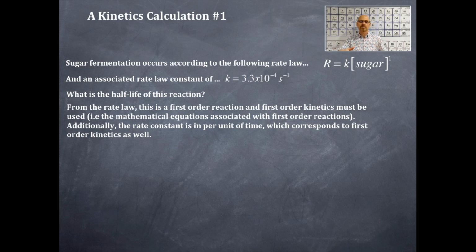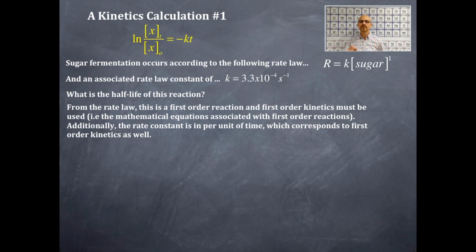So it's per second, per minute, per hour, per day, per year, which corresponds to first order rate kinetics as well. So hopefully you got those two things tied together. You need to look at that lecture that I had on the summary of rate laws of zero, first, and second order. Relook at that slide, that whole section of that lecture, and that's so very important for all of these kinetics problems.